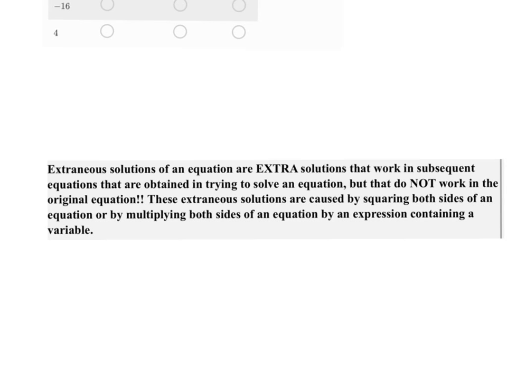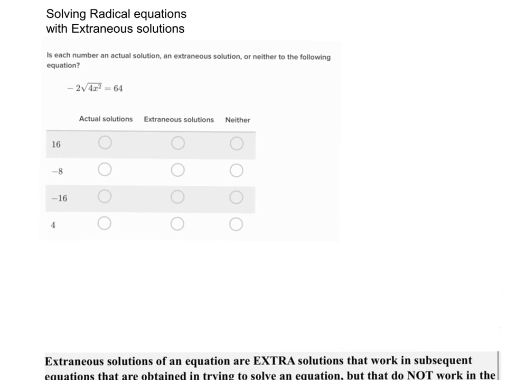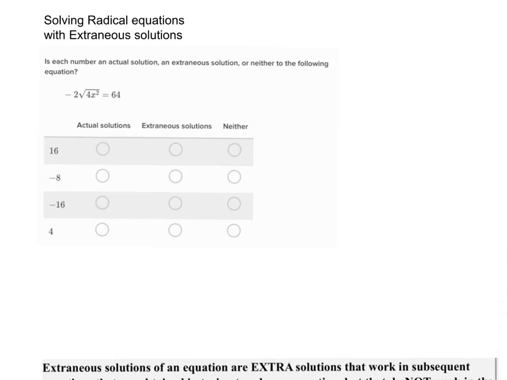What they're asking us to do in this activity is solve this equation and then tell which of these four choices are actual solutions, extraneous solutions, or not even a solution at all. I'm going to work this problem and try to help you understand. I'm going to rewrite the problem over here so I can work it.